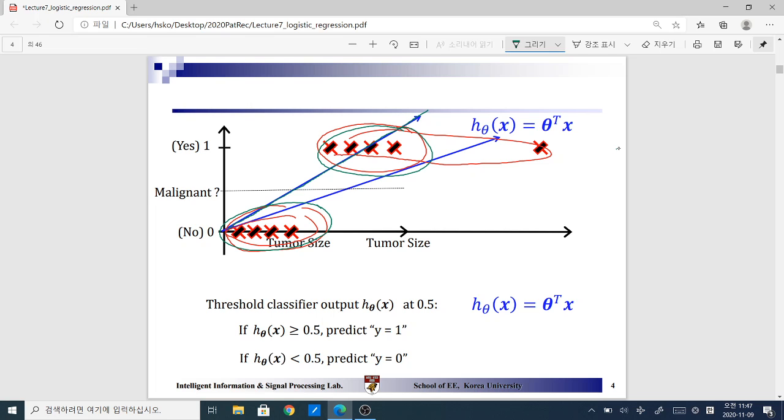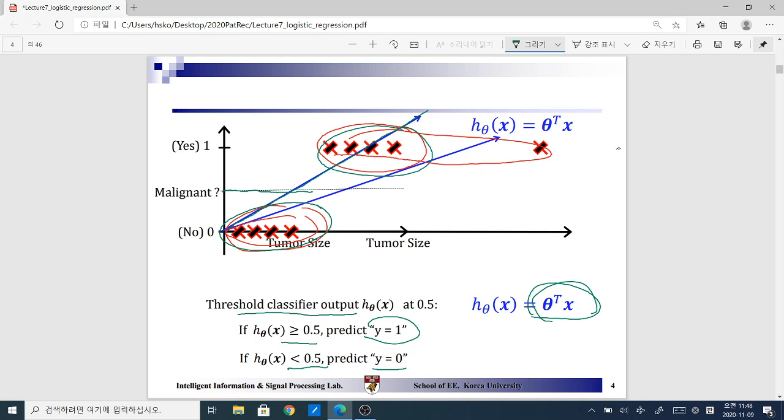That is, for example, as you can see, for the threshold classification output, in this case being, once again, the hypothesis model with just a simple dot product between the parameter and the feature, if the dot product itself is, say, greater than 0.5, which happens to be, say, here and above, then we can say that the output label should be yes, that is, the tumor is malignant. Or if it is less than 0.5, we can say that the label is 0.